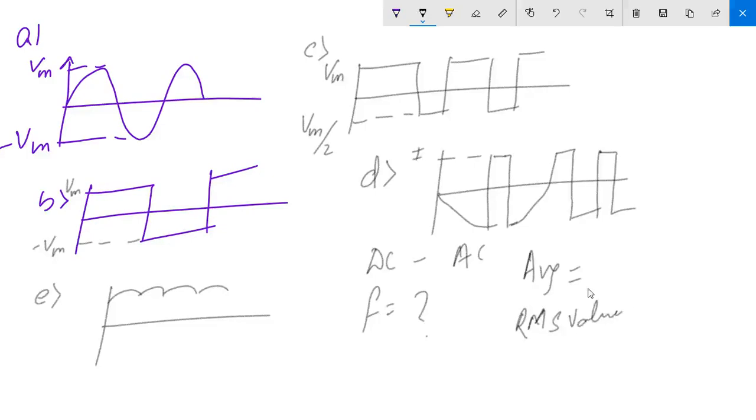Identify these 5 waveforms, make a note of it, and comment in the Google Classroom.